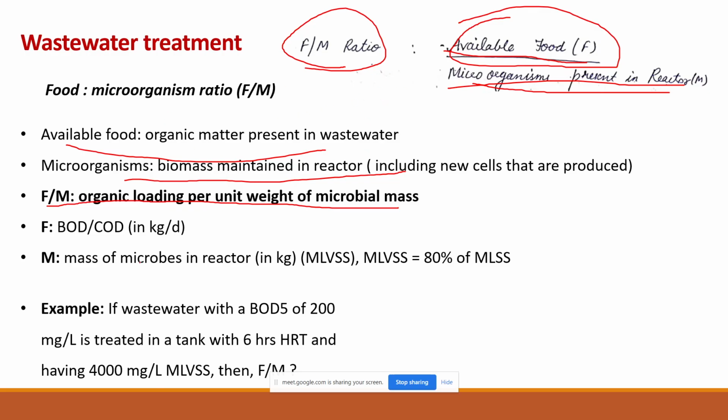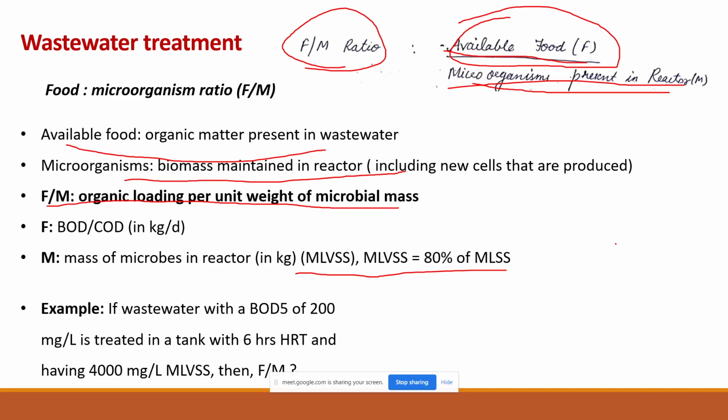Now the microbial biomass is basically represented as MLVSS or MLSS. Fine. That is mixed liquor volatile suspended solids or mixed liquor suspended solids. So you don't have to go into that depth. Just understand that F by M ratio is food by microorganism ratio. Food is the organic matter. Microbes is the microbial biomass.